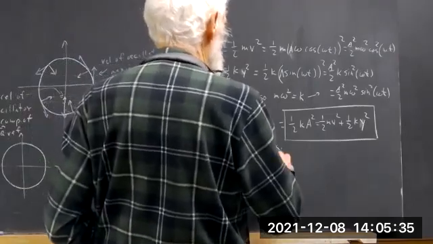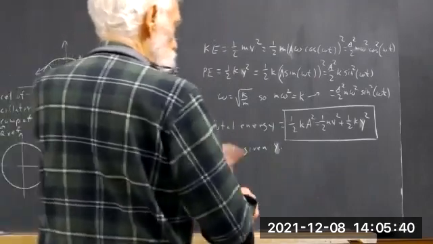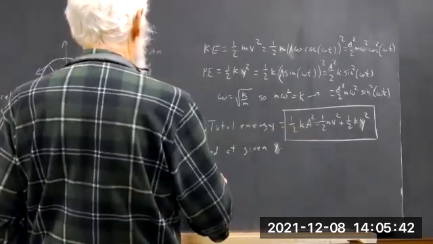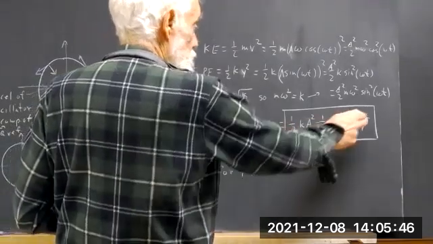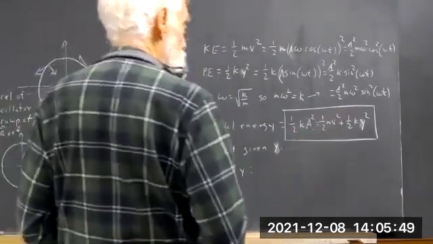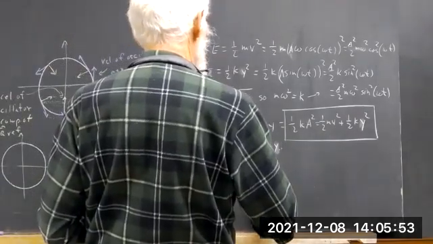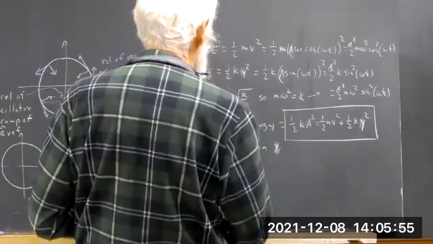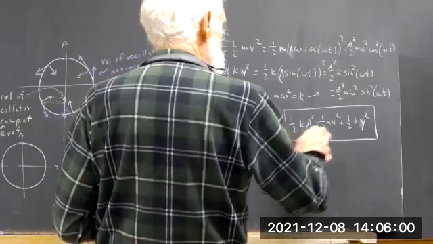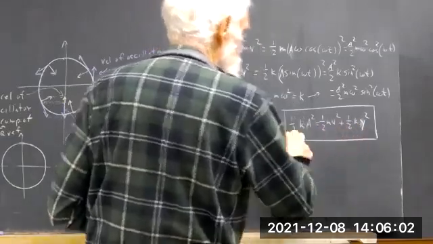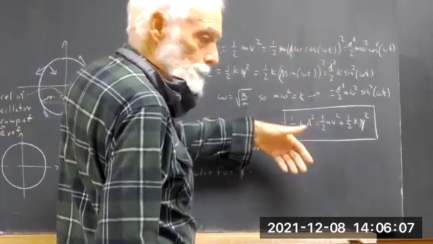So the speed at a given position y, well, we just solve this equation for y. We subtract the 1/2 ky squared from both sides and then multiply by 2 over m.